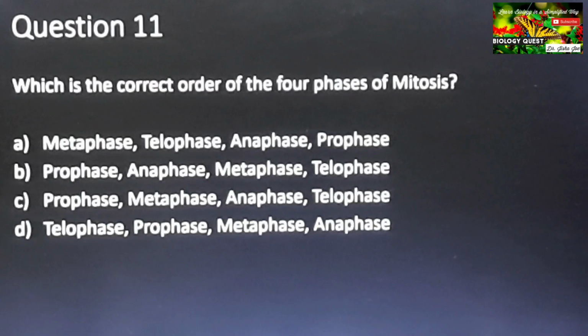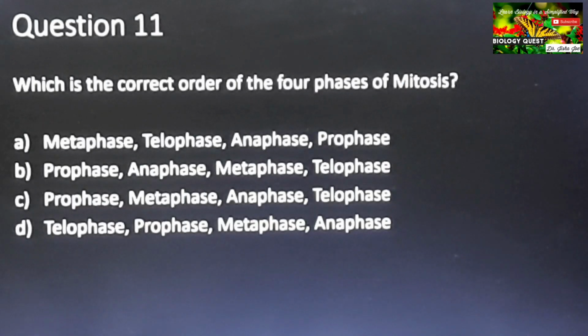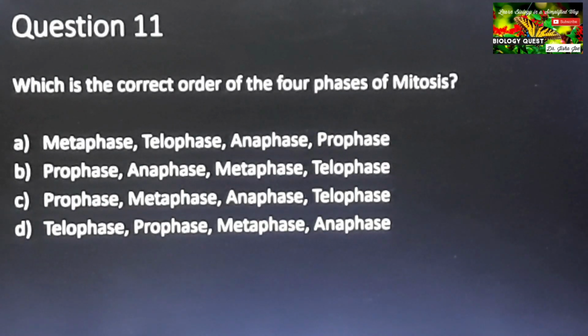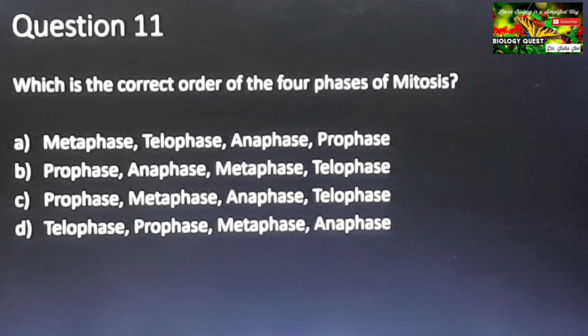Question 11. Which is the correct order of the 4 phases of mitosis? We have already seen mitosis is differentiated into 4 phases: prophase, metaphase, anaphase and telophase. To remember the 4 phases in the correct order, you can remember the statement: Peter likes mango, apple, and tomato.